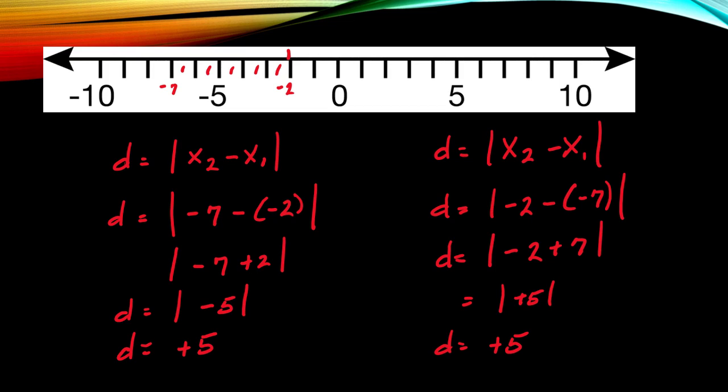Always, regardless of what you calculate, whether it's negative or positive, in the arithmetic, the distance must be specified as a positive number, regardless of how you choose your two x values or two y values if you're talking about a vertical distance.